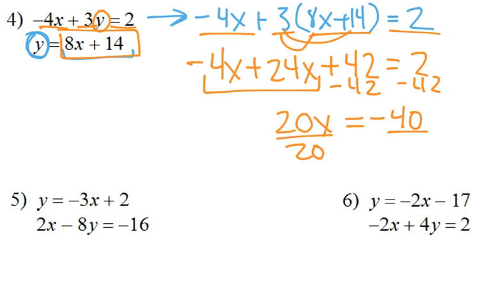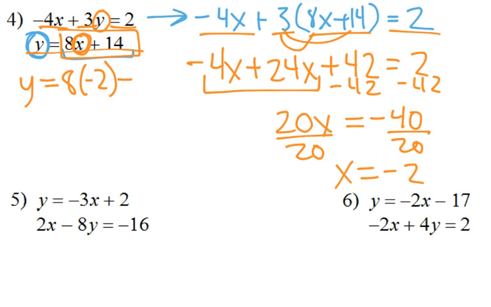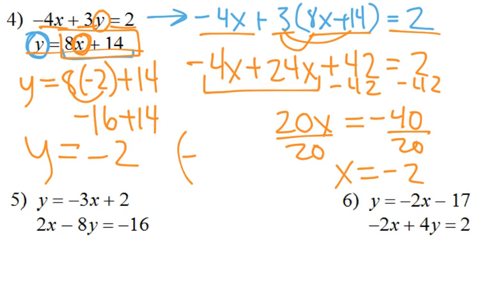Divide by 20. x equals negative 2. Then I go back up to my original equation and say, hey, now I know what x is supposed to be to make this work. So I substitute in negative 2 for x, and now we can solve for y. We actually get negative 2, so my answer, negative 2, negative 2. That's the point on the graph where these two equations intersect.